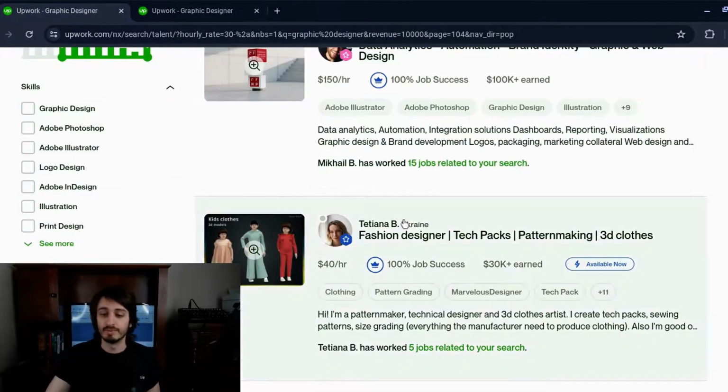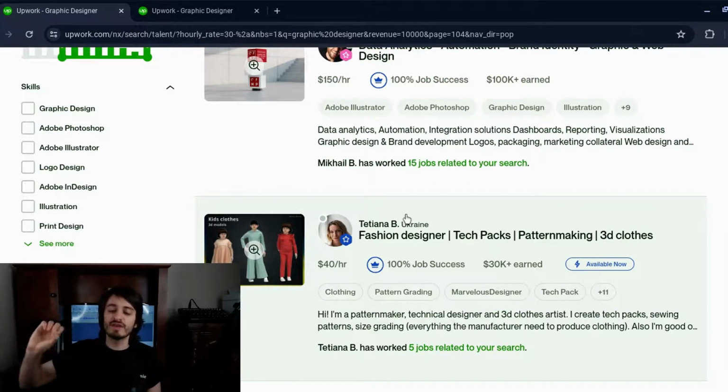Just do what the best freelancers are doing, and tell clients your specifications, your field of expertise, your specialization within graphic design. Tell them right away in your job title. Your job title is probably the only thing that clients are going to read. Well, it's not the only thing, but it's the number one thing that most clients are going to read.